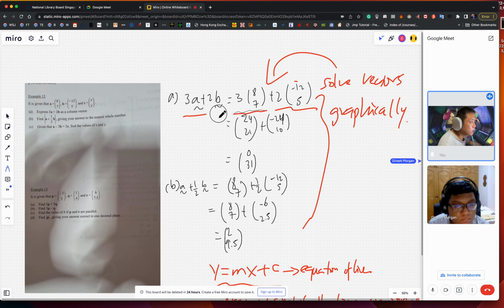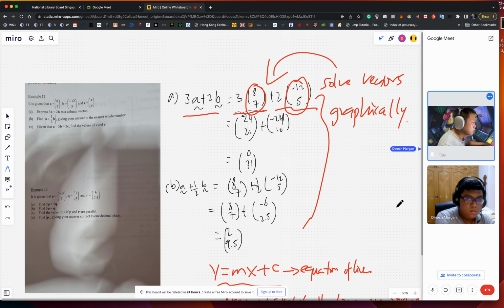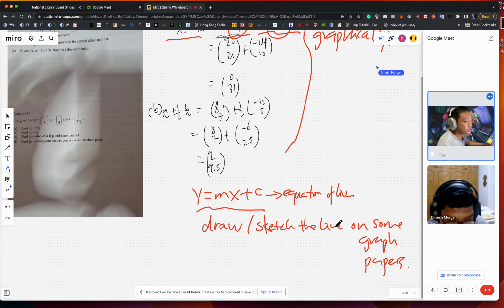So let's start with 3a plus 2b. Instead of using 8, 7 and minus 12, 5, because these numbers are too large, for our convenience we just play with smaller numbers. It's because we want understanding more than the technical stuff of solving it.